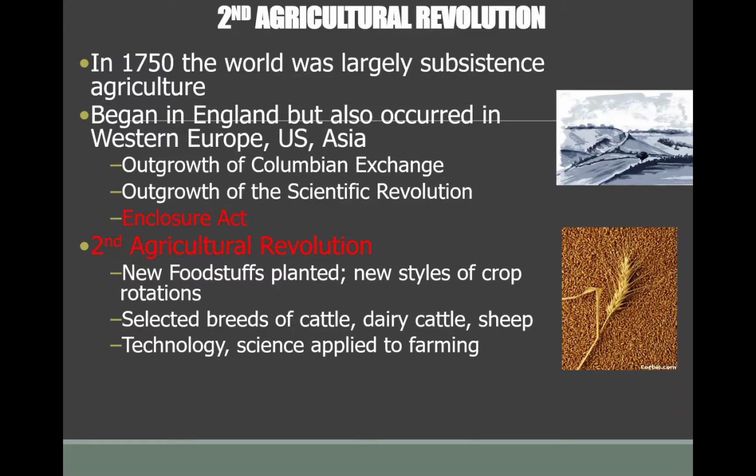For the Second Agricultural Revolution, we have new foodstuffs, new styles of crops. We have a new selection of cattle. We have new agronomy about how to breed cattle. New technology and sciences applying to farming.